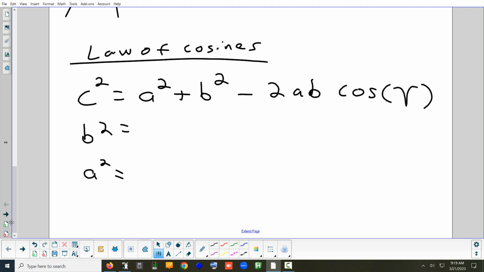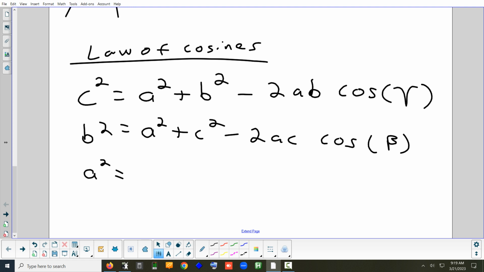So let's see if we can write down the law of cosines if we started with a b or an a. Anybody think they could tell me what would go after the b squared? A squared plus c squared minus 2ac times the cosine of beta. Is that a different formula? No, it's the exact same formula.